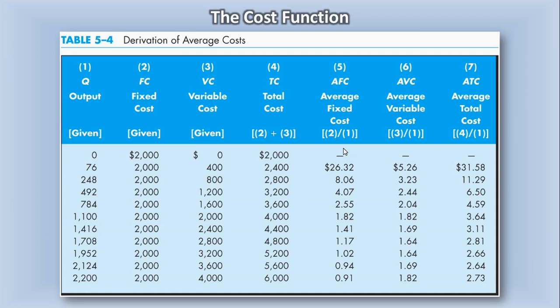Average fixed cost will decrease forever as you increase the scale of production. Average variable costs initially will decrease because of the increasing returns, and then eventually they will start to increase because of the diminishing returns effect.